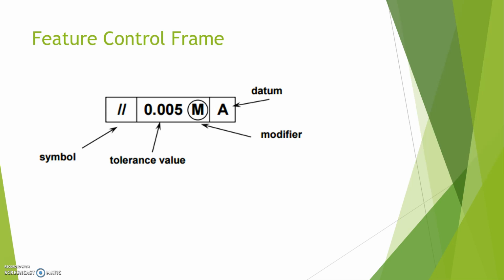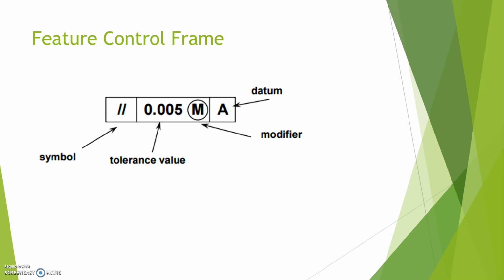So the datum is the precise location that you assume to be exact, and then you reference all your tolerances from that. Now, often the location of your datum will tell the manufacturer where to put fixtures of the part, where to measure from. So these are a really important thing to select. And so you know here that this geometric tolerance will correspond to datum A in the drawing.